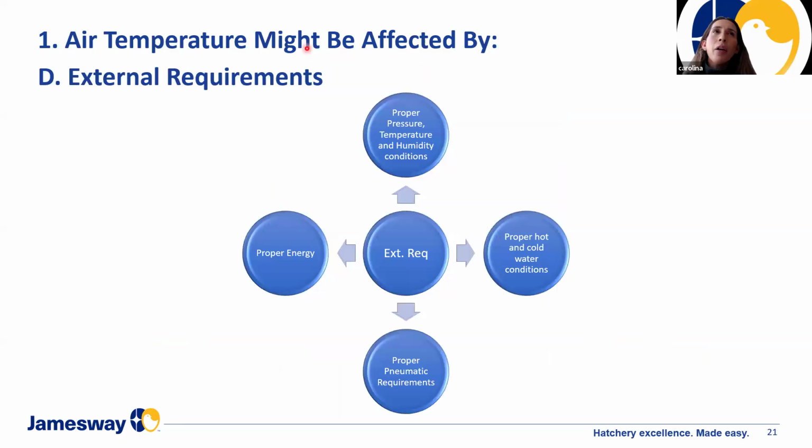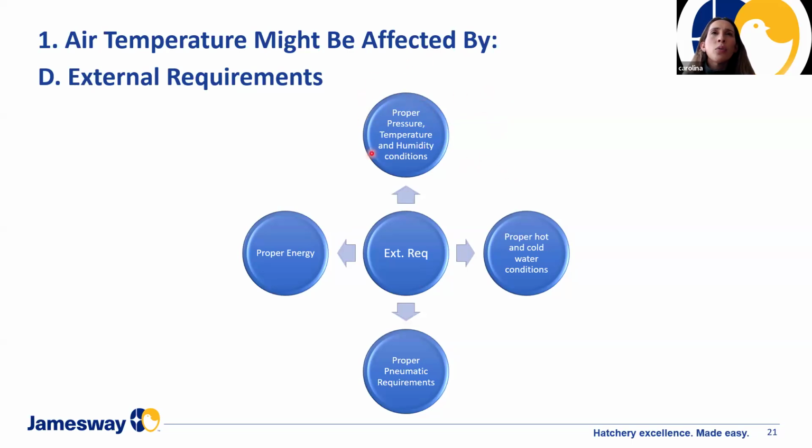So another point will be external requirements that can influence temperature. External requirements are crazy important when talking about incubation. One could be proper pressure in the room, proper temperature and humidity conditions in the room, and of course, negative pressure in the plenum.